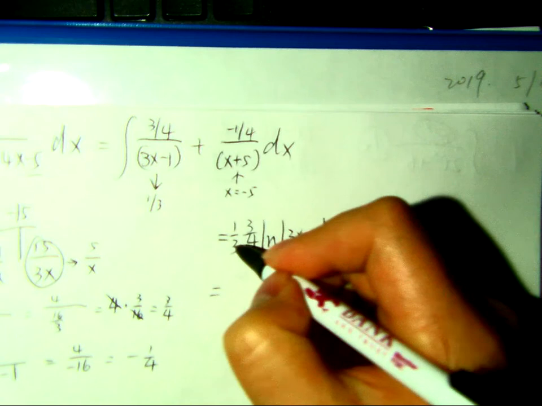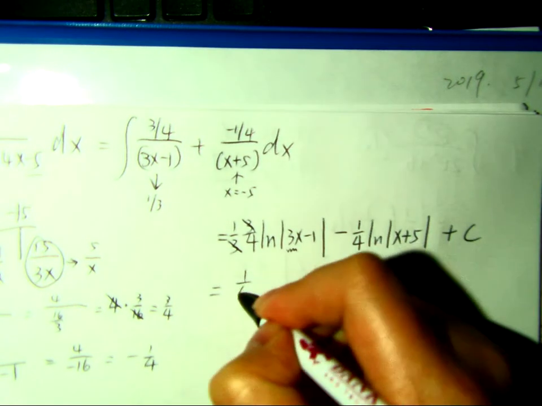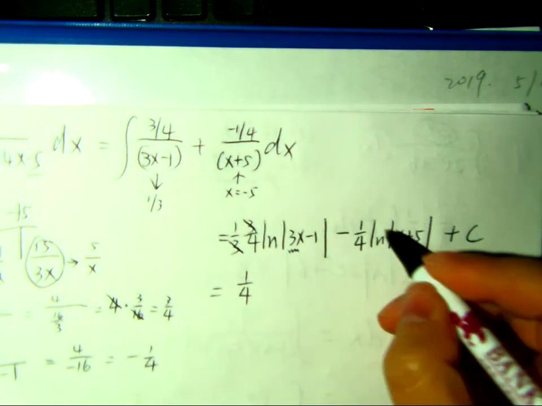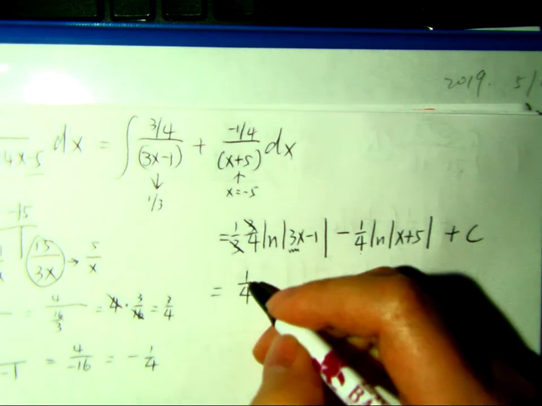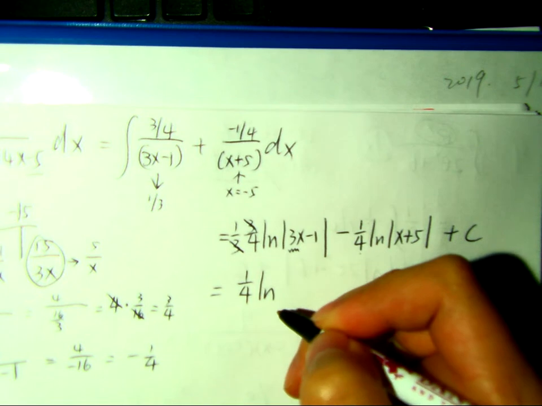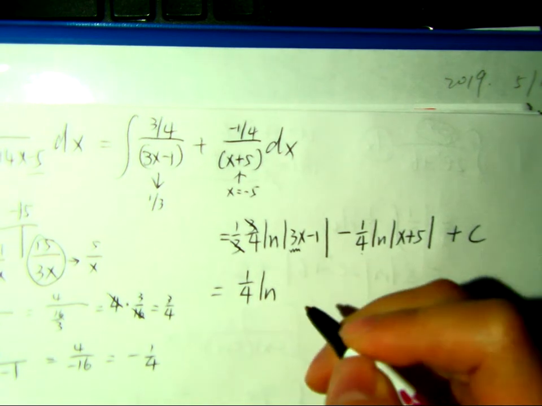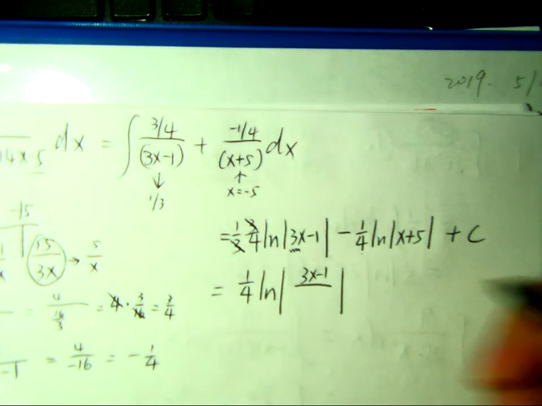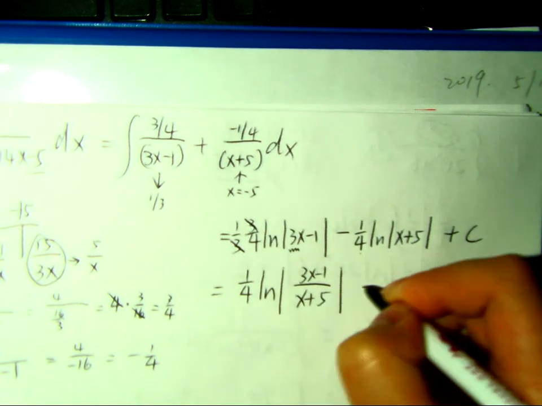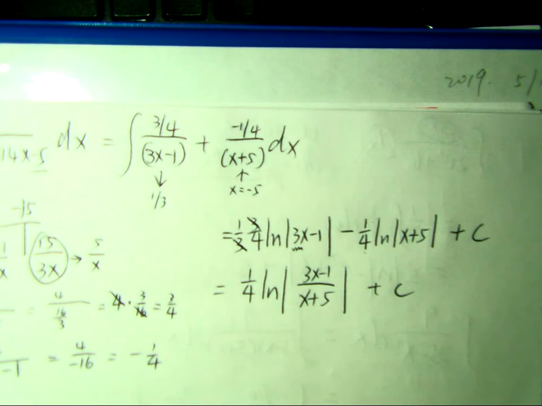We simplify this 3, so it'll be 1 over 4 for the first one and 1 over 4 for the second one. They both have a 1 over 4 as a coefficient, so I can rewrite this as 1 over 4 times natural log of 3x minus 1 divided by x plus 5, plus C. That's how we do this.